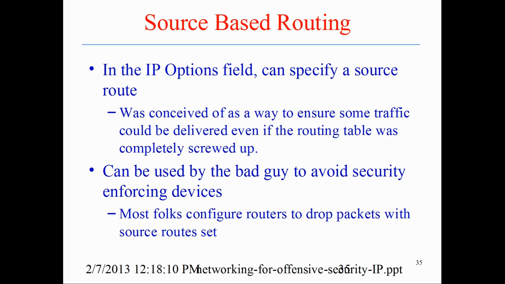It has stayed in the implementation of IPv4, and it can be used by hackers to avoid security devices. If there are multiple ways into your network and only say two of them have an intrusion detection system, the attacker may be able to use source routing to tell it to route through a different node on the network to avoid the security systems.